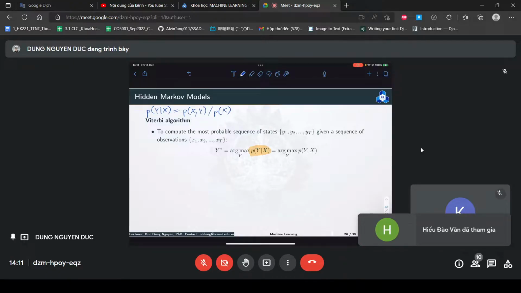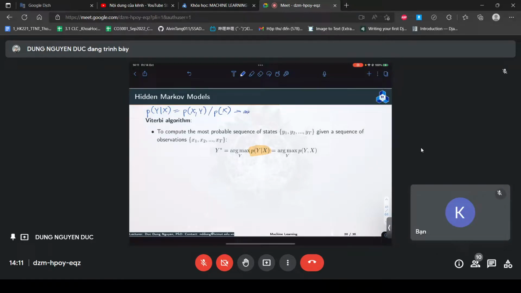And if it comes to argmax, let me clean this one. So you may have y star equal to argmax over y of probability of y given x. This is nothing but argmax over y of p(x, y) divided by p(x).